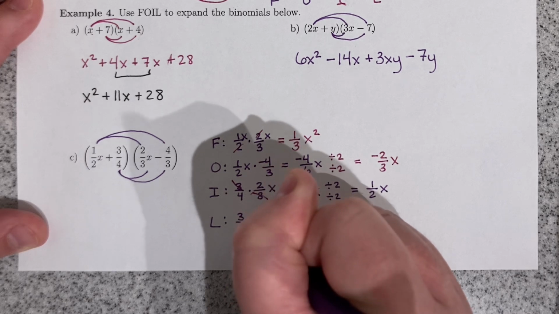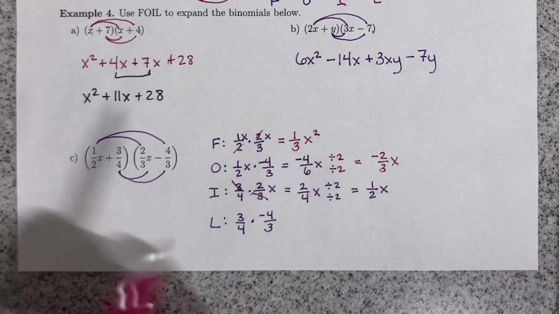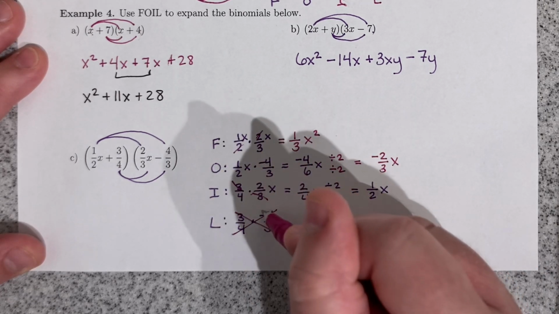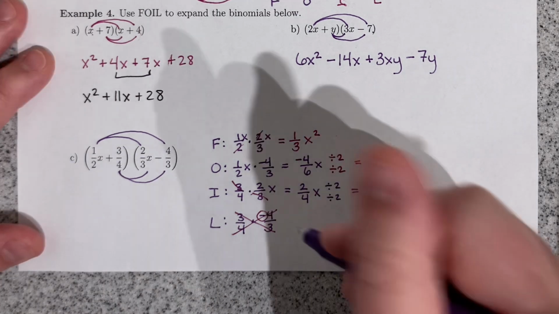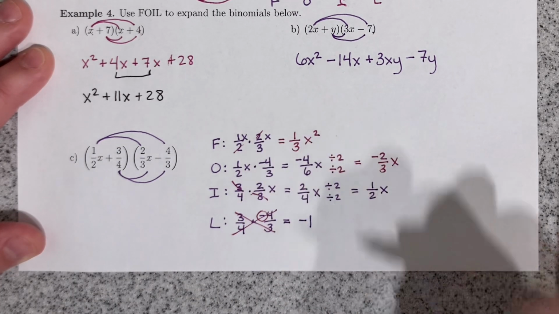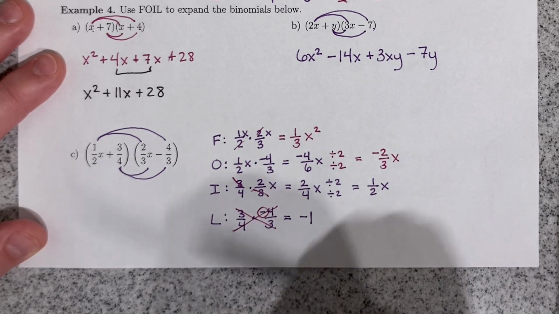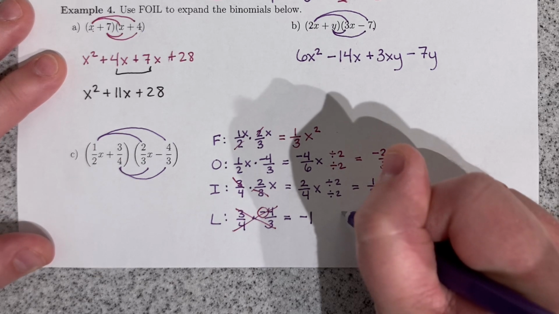All right, last two terms. 3/4 times negative 4/3. What cancels? Well, the 3's cancel and the 4's cancel, but there is a negative left behind. When everything cancels, that's 1. So in this case, it'd be negative 1. Or if that's confusing, I know for some people, fractions can be a little overwhelming.